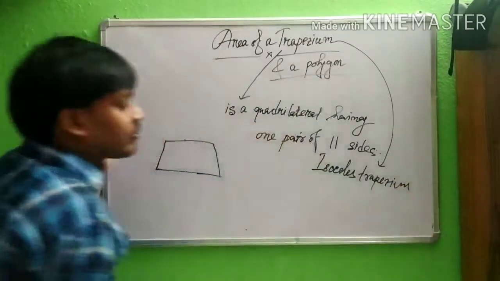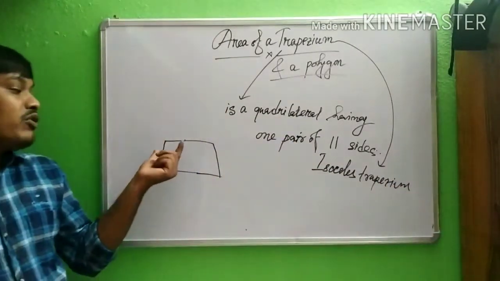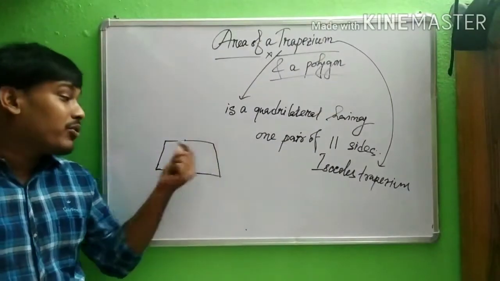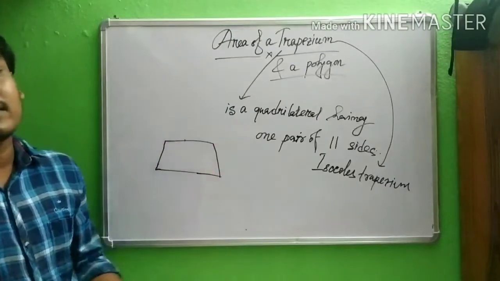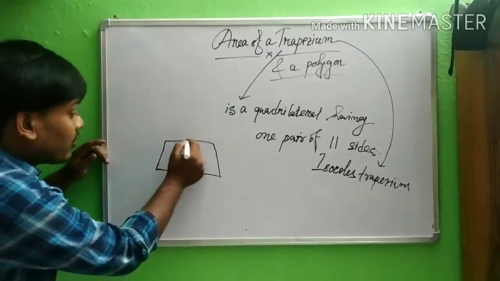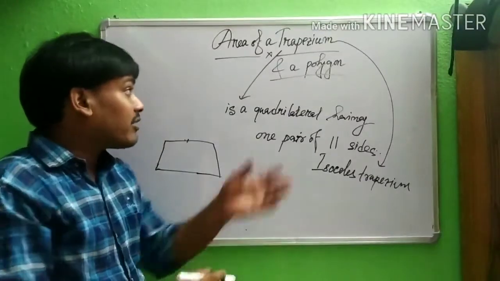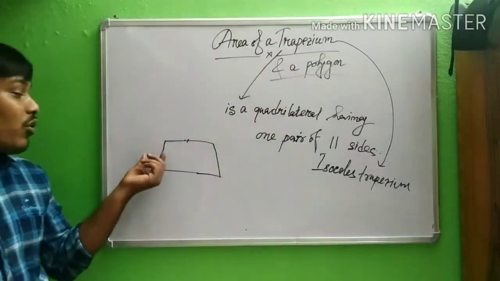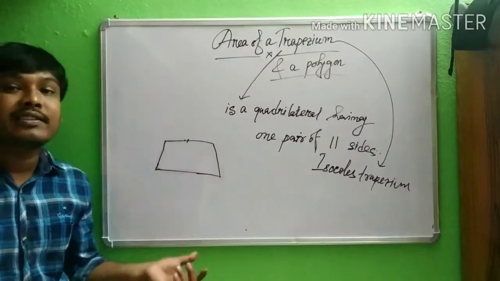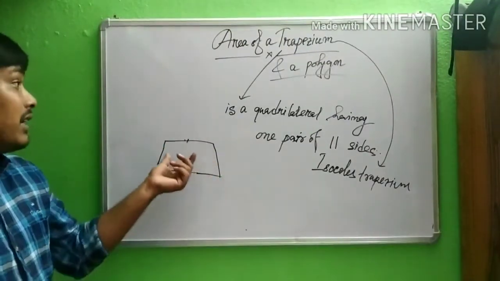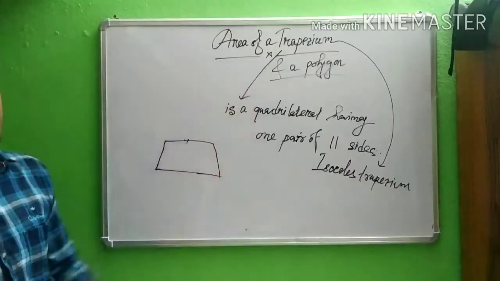So what is isosceles trapezium? When the non-parallel sides of a trapezium become equal, then it is called isosceles trapezium. In the definition of trapezium, there is no condition about the non-parallel sides. So the non-parallel sides may or may not be equal in the case of the plain definition of trapezium.